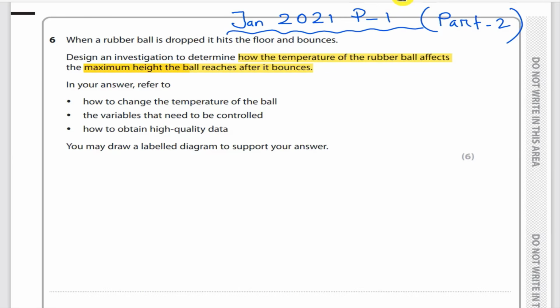In your answer, include how to change the temperature of the ball, the variables that need to be controlled, and how to obtain high quality data.